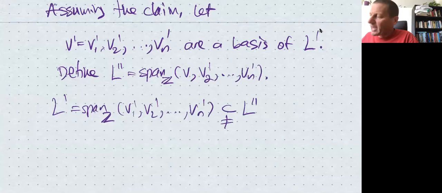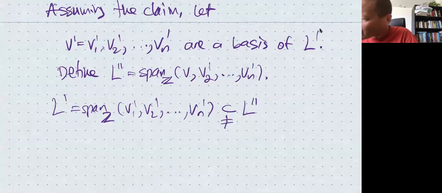It's contained in L double prime because if you compare the definition of L double prime and the definition of L prime, you see that all the Vi primes appear in both places, and V is a multiple of Vi prime.